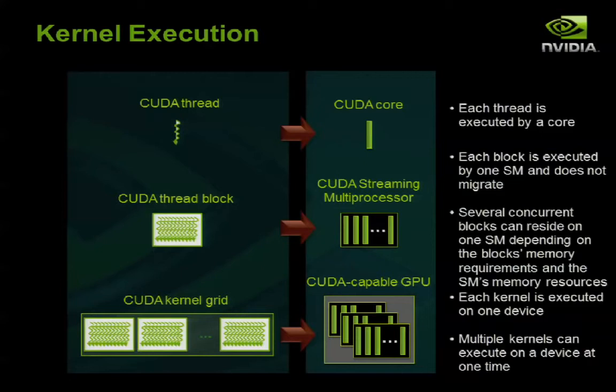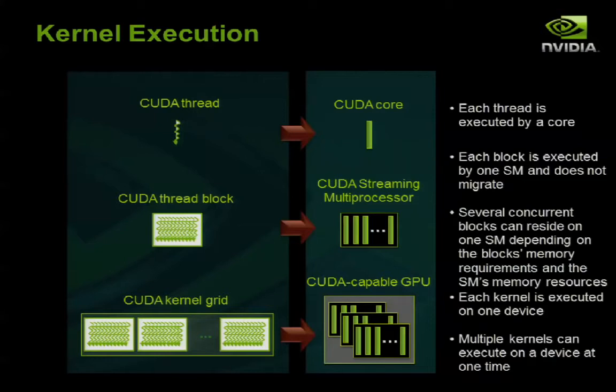He showed this picture where I mistakenly said that there were 15 SMs, and it's actually 14 SMs in a K20X. These are the streaming multiprocessors, and each one of these streaming multiprocessors has a certain number of CUDA cores.